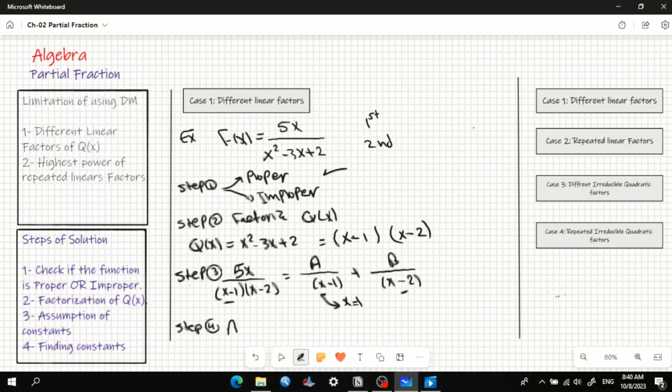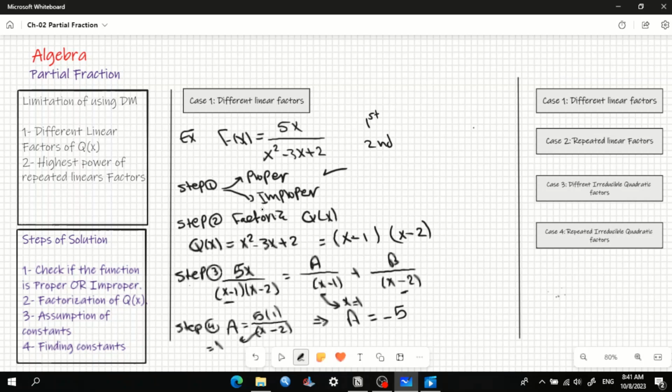So here we have 5 times negative 1, then hide x plus 1, and here we have x plus 2, with x equal to negative 1. So here A equal to negative 5.